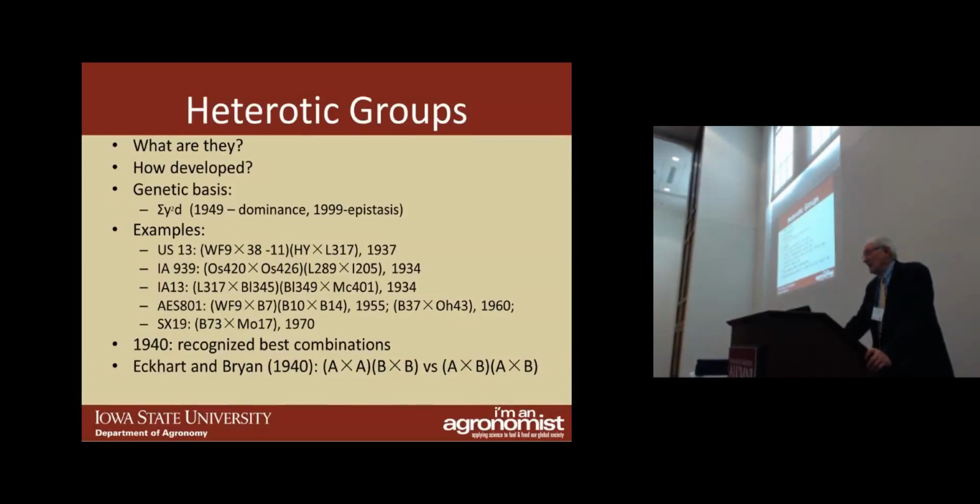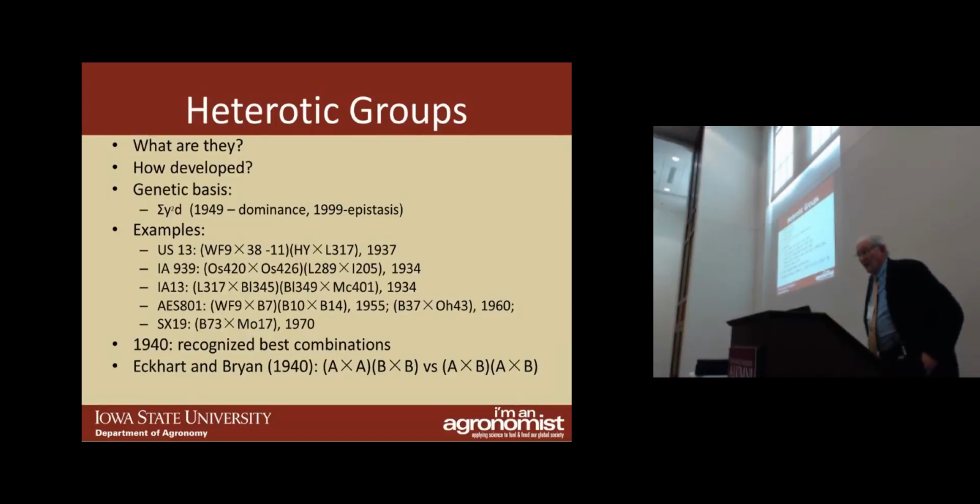That is, if d was 0, there would be no heterosis. If d is not 0, the magnitude of heterosis depends on y squared, which is p minus q squared. So the greater the difference in gene frequency, times d, which is not 0, the greater the heterosis. So then we wanted to look at heterotic groups to try to pull them apart to get the greater amount of difference in gene frequency.